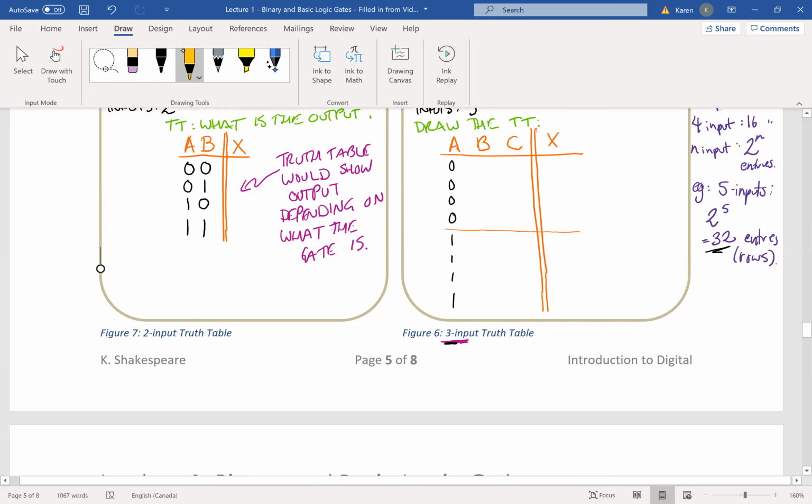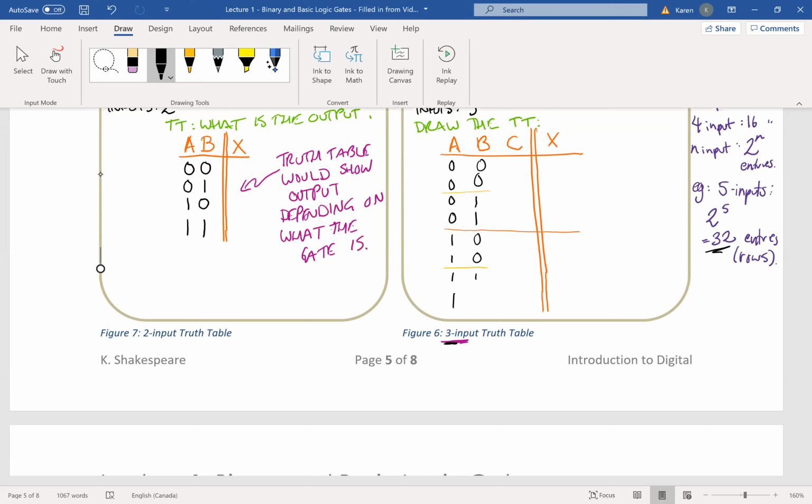Then you look at your next input and you give it 0s for half of the next half of the truth table, and then 1s. And then you split it again. And the last one, you give 0, 1, 0, 1, 0, 1, 0, 1. So you keep splitting it like that. And that's how you draw your truth table.